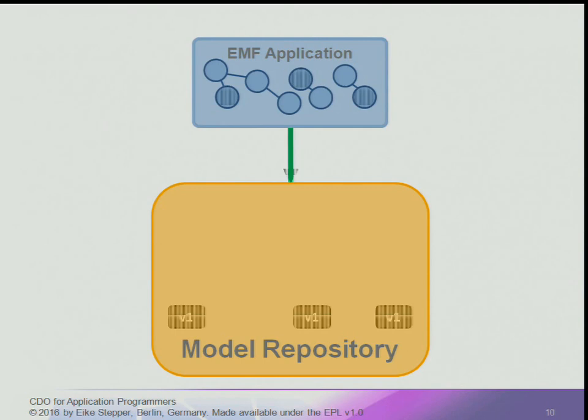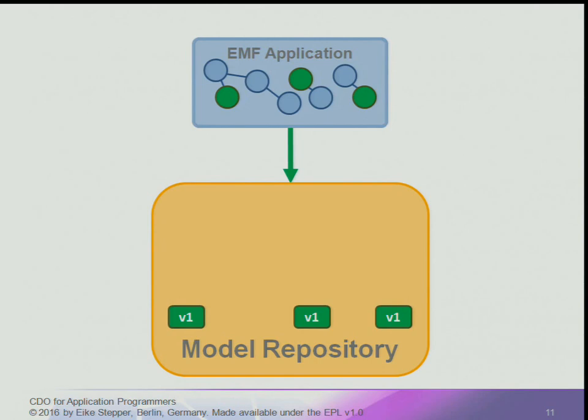When the client application commits changes to these green objects here, we create so-called revisions in the model repository. Revision is a little bit ambiguous, the term. In SVN it means something different. It means a whole baseline or a commit. In CDO, a revision is the state of a single object for a certain period of time.